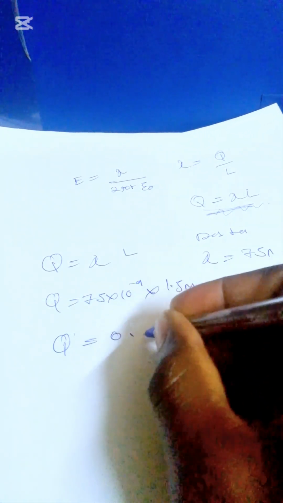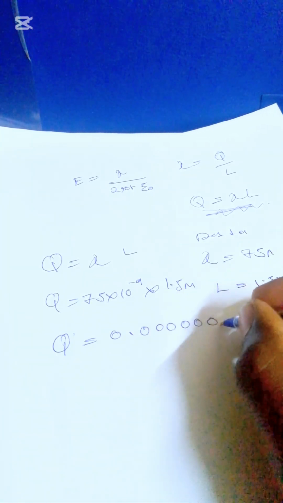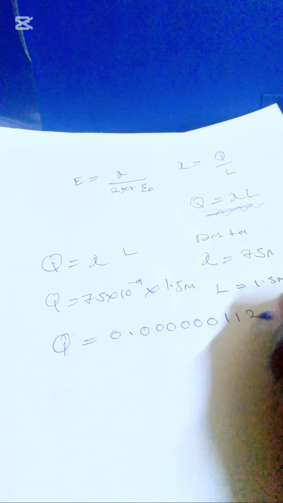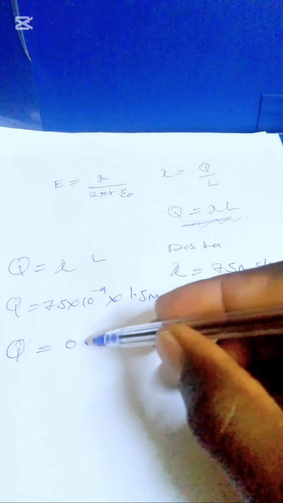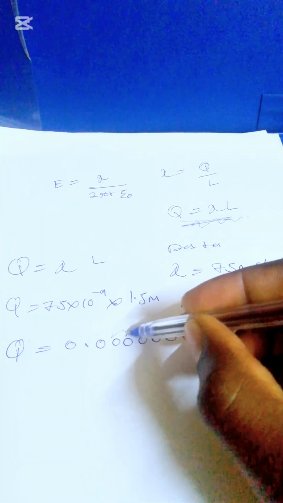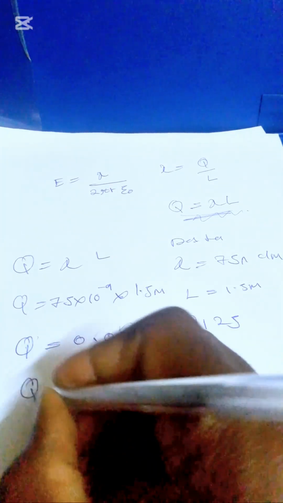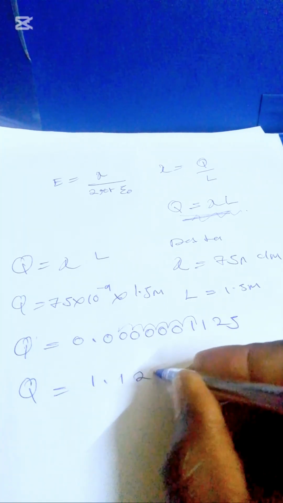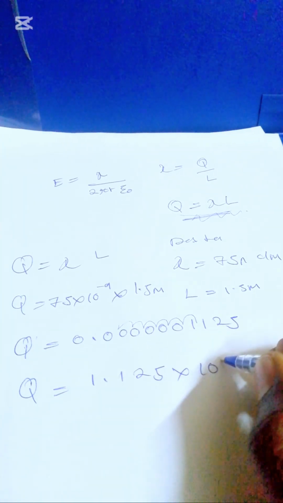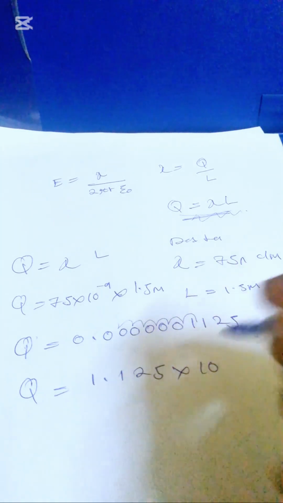So I'm having 0.0000001125. We can take it into standard form. We move the point 1, 2, 3, 4, 5, 6, 7 places. So we have 1.125 times 10 to the power negative 7, since it's going to the positive side.